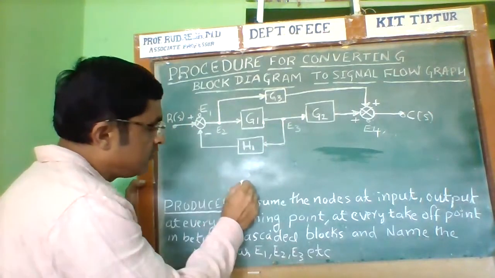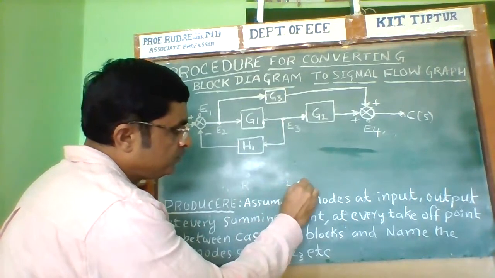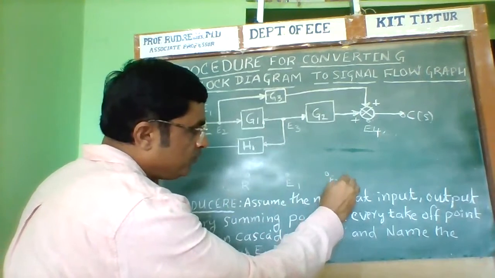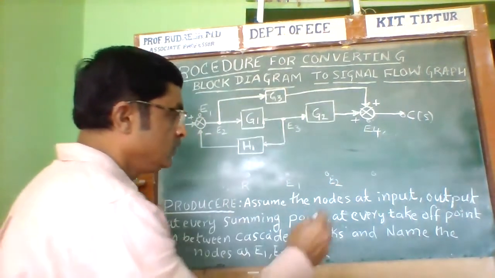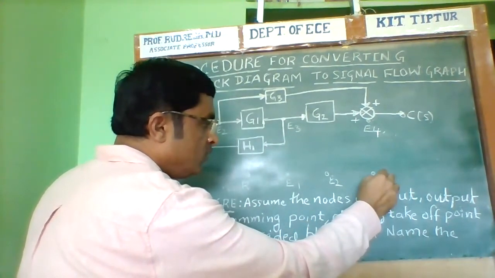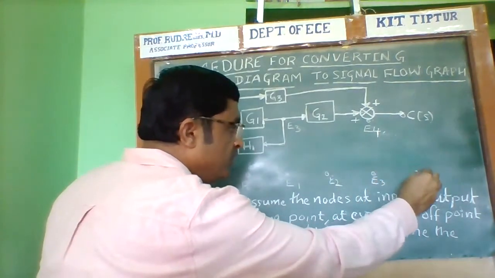The R node is this, and this is the E1 node. This is the E2 node. This is the E3 node. This is the E4 node.